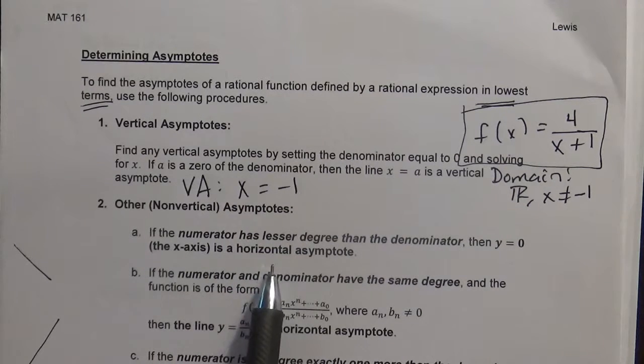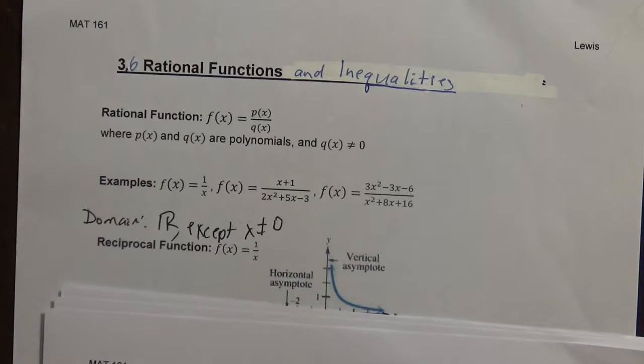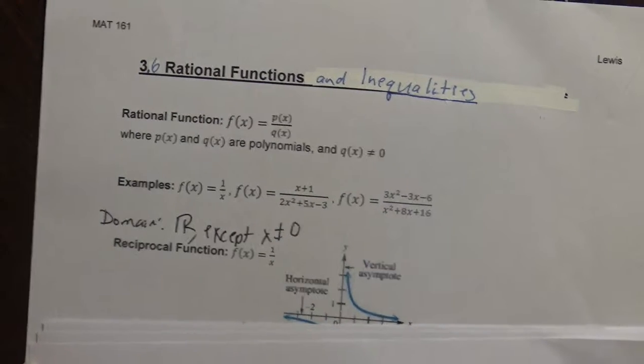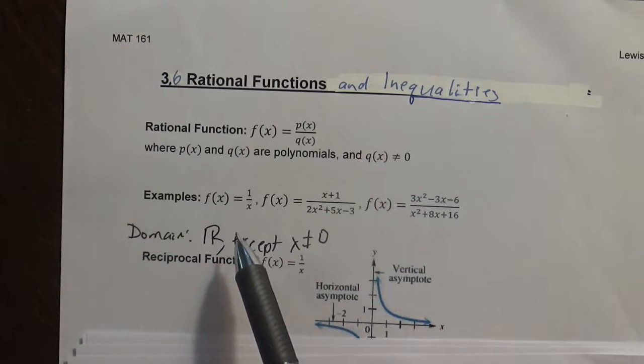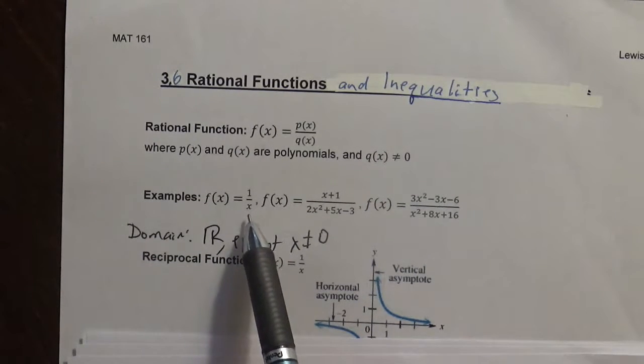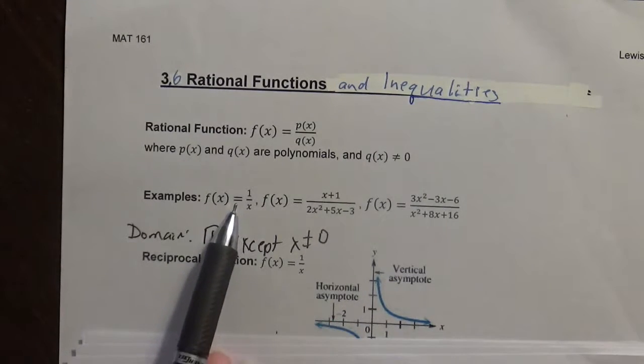What does that mean? Well, let's just look real quickly back at the very first page and talk about degree. Now, we've talked about degree before, but just as a review, degree is going to be the largest exponent that you see in your polynomial. So in my first one, 1 over x, my numerator has degree 0 because I don't have an x.